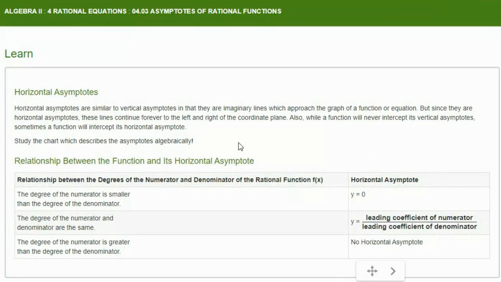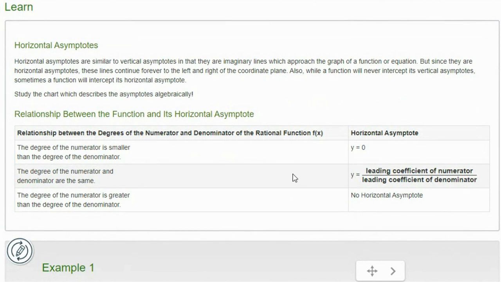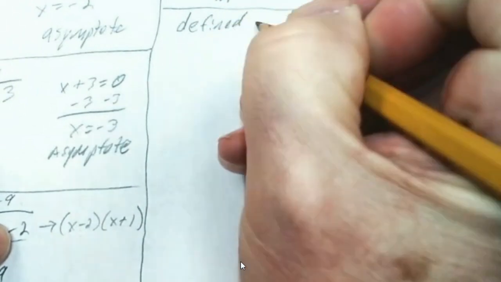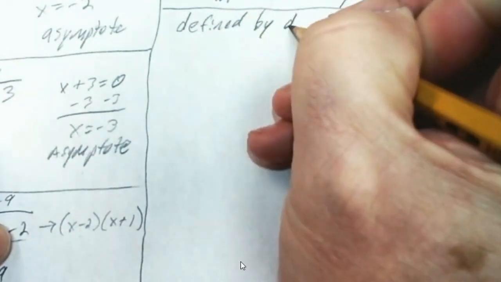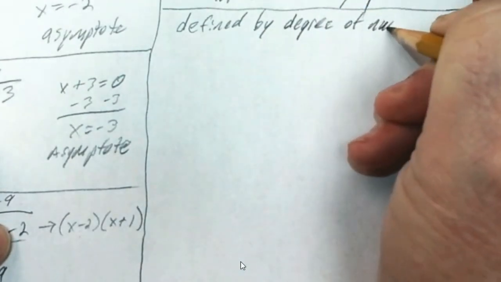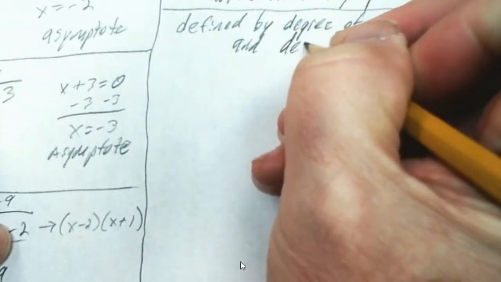But let's talk about horizontal asymptotes. Okay, so the horizontal asymptotes are really defined by the degree of numerator and denominator.